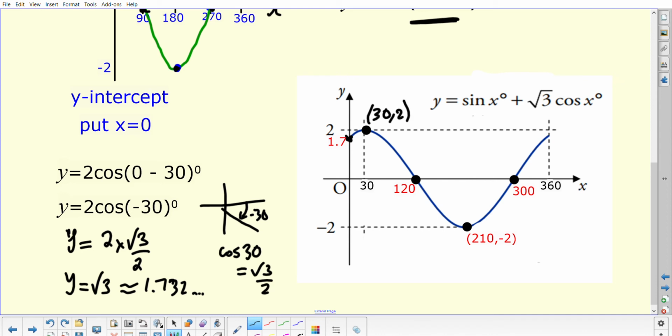There's your 120. There's the other turning point at 210, minus 2. There's your other point on the x-axis at 30, and this point here should be in line with the 1.7, so it shouldn't be right back up at the 2. And that's the wave that you were asked to draw.